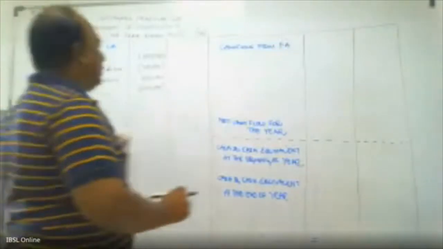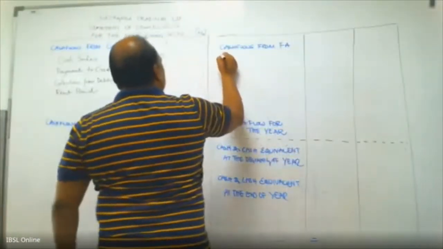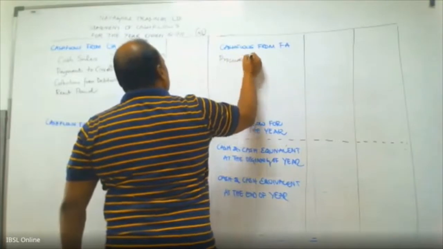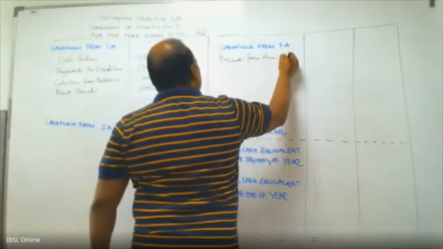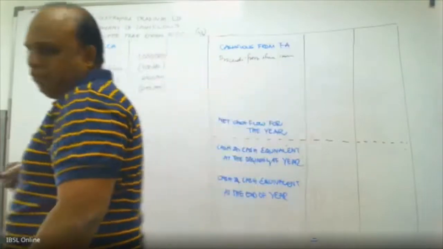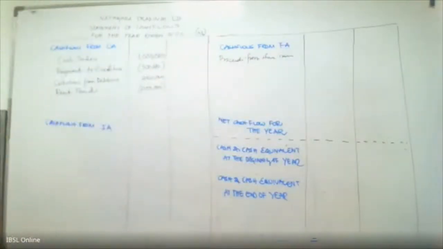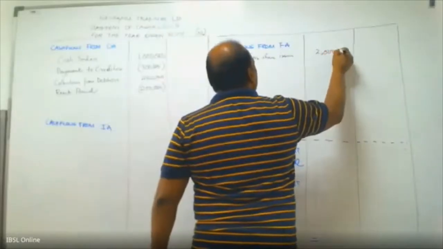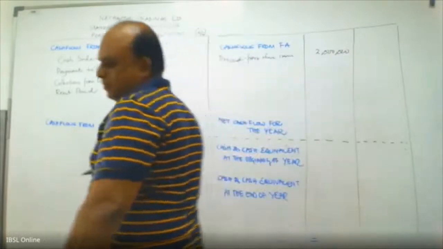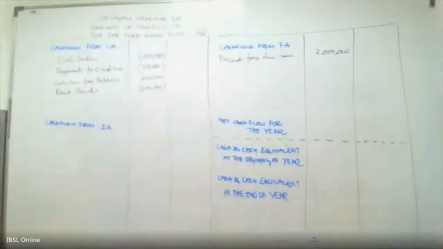So I'm not going here. Proceeds from share issue. Cash inflow or outflow? That is a cash inflow, 2 million.